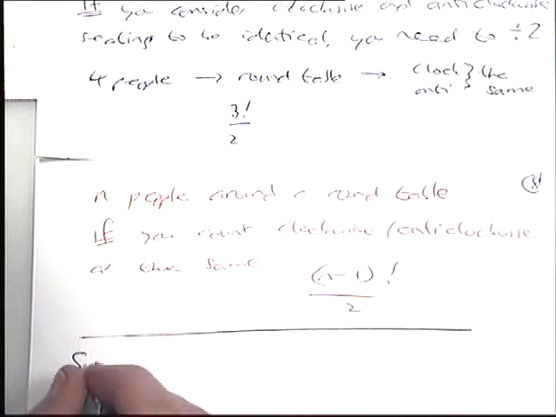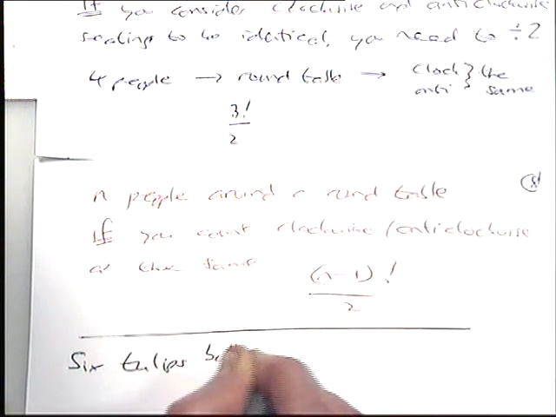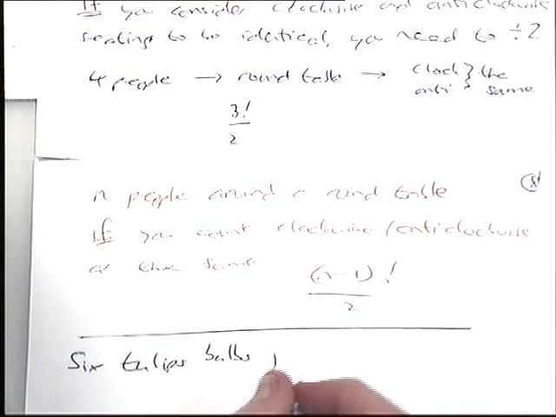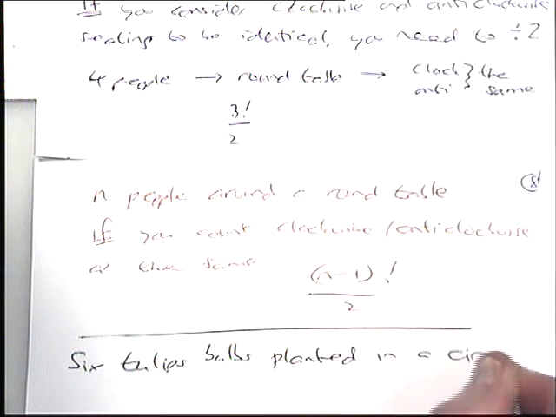First question about tulips. 6 tulip bulbs planted in a circle. Couldn't be planted in a line. Tulips all look the same, so it's always 1. 2 bulbs fail to grow.